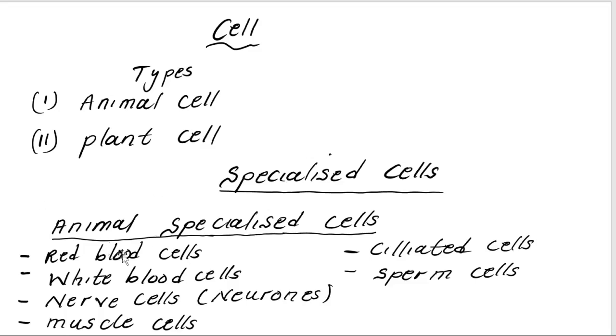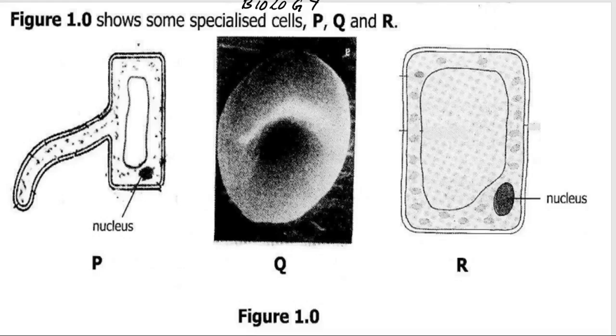You also have to know whether it is a red blood cell, white blood cell, nerve cell, muscle cell, ciliated, or sperm cell. So you have to know it when you see it. We are going to be discussing this, but our focus is on the question that we have. That was just a brief background on where these cells are coming from.